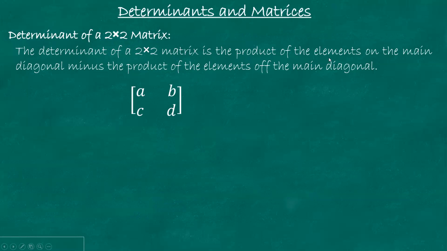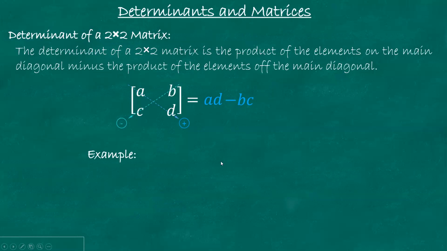So whichever product is along the main diagonal is positive, this one, A times D, minus the other direction. You have this: minus BC. So the determinant is that simple.